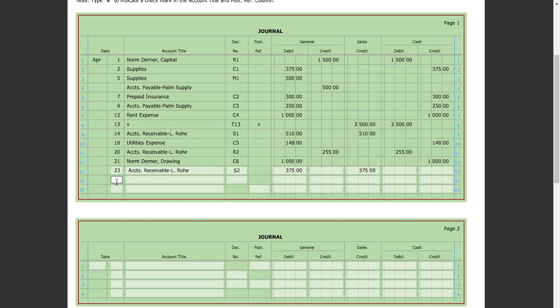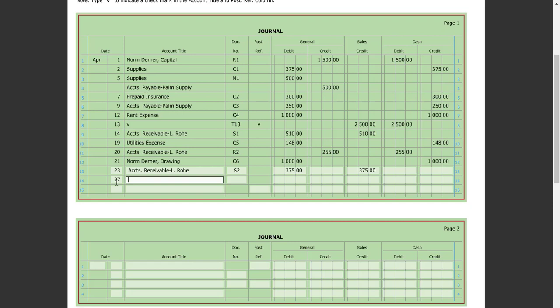We also need to record the transaction on the 27th. I'll put the date in of the 27th. It says paid cash to owner for personal use. Lincoln, what are my two accounts? Okay. Is there a special column for cash? Is there a special column for withdrawal? Okay. So what goes in my account title? Nope.